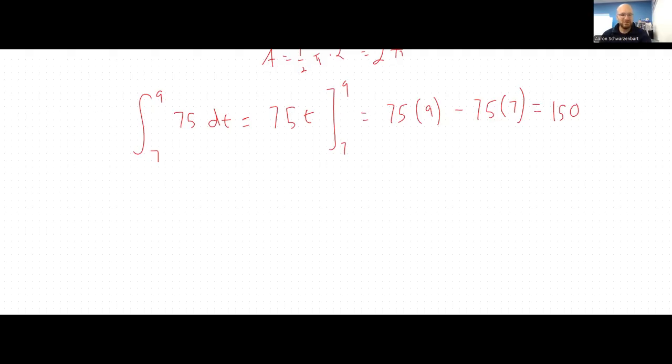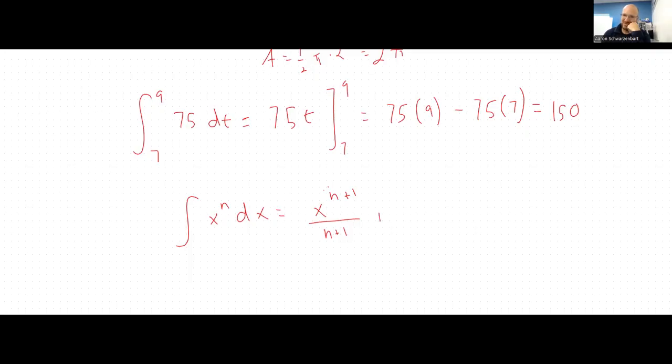A shortcut rule for this is when you're integrating x to the n. I'm not putting specific bounds on this. Normally when we differentiate, we multiply by the exponent and subtract one from the exponent. To reverse it, we add one to the exponent and divide by that new exponent, which is n plus 1.